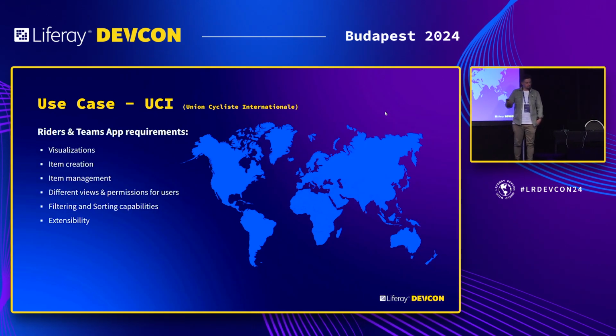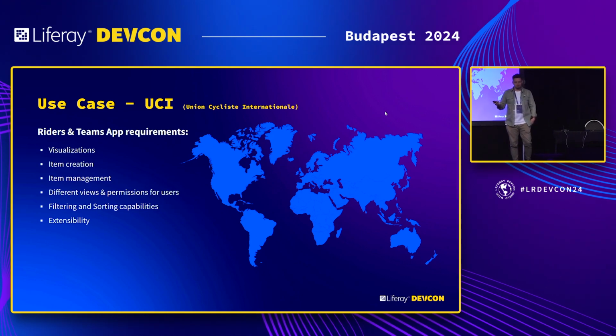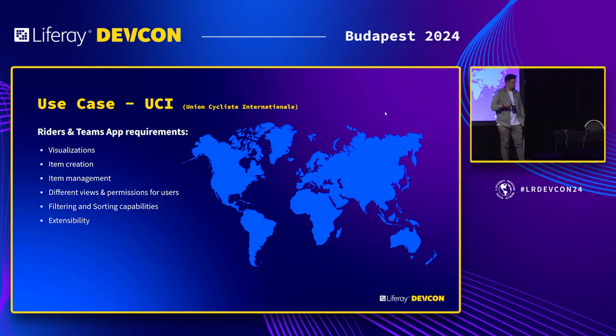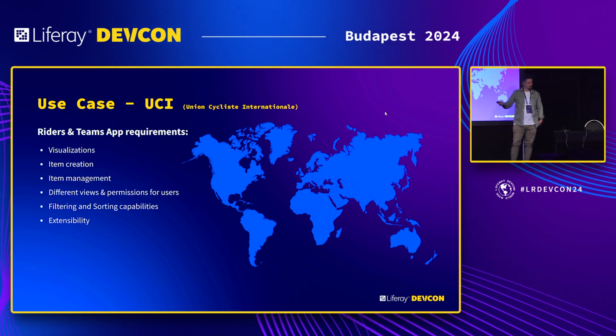So to see a little bit about the dataset and how it works, let's see this use case. Imagine that the UCI, the Union Cycliste Internationale, has contacted Liferay to build an application to manage teams and riders.